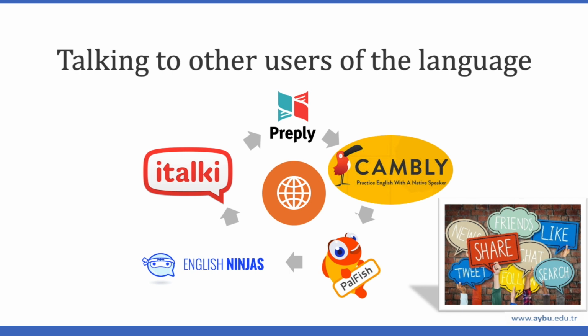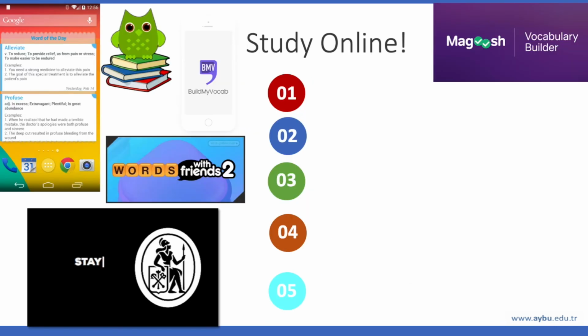Those are all useful and really effective applications and websites which enable you to practice English with a native speaker. There are also some useful apps which will teach you vocabulary, and they're really fun too. You'll love them. So download them after watching this video.